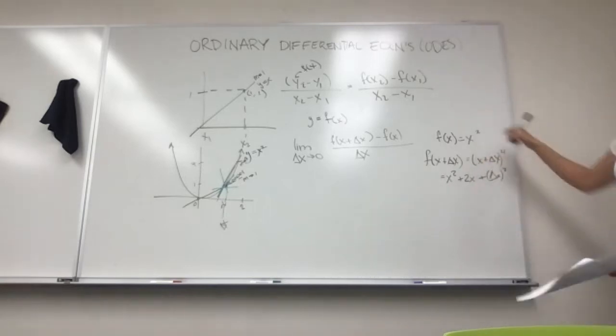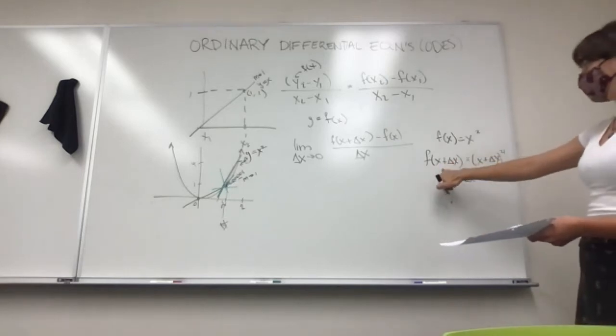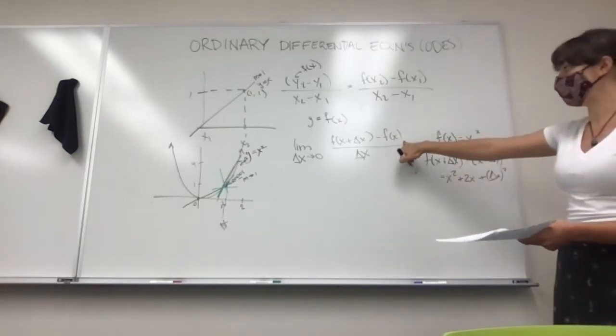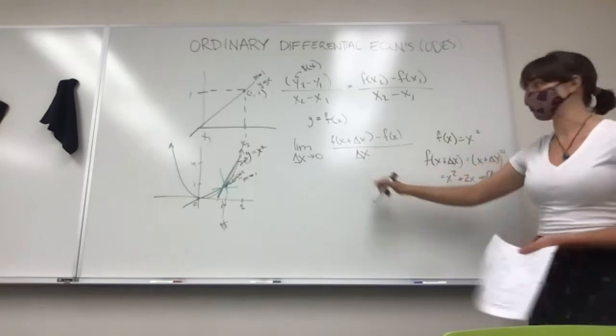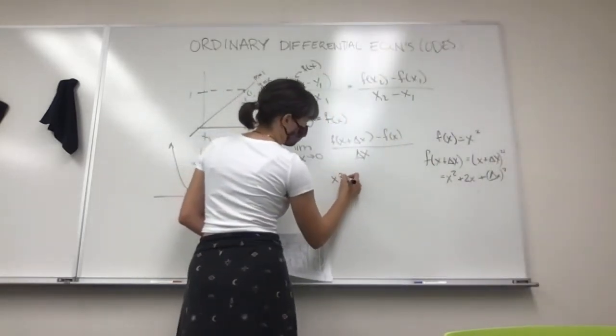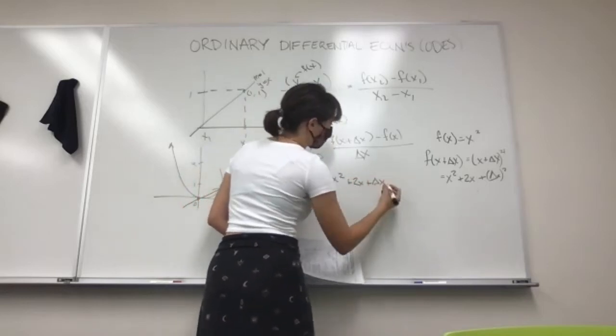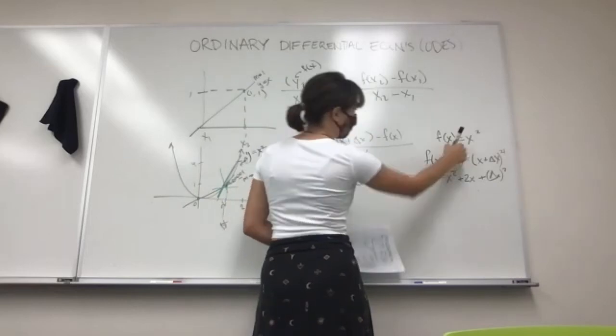I just boiled it out. So now we know f of x plus delta x, we know f of x, and we know what delta x is. And we can plug all those values in. So we can say this is x squared plus 2x plus delta x minus x squared, f of x.